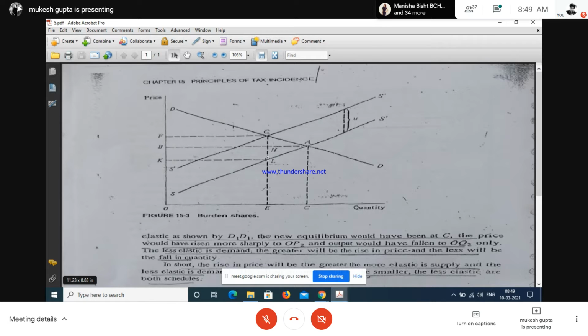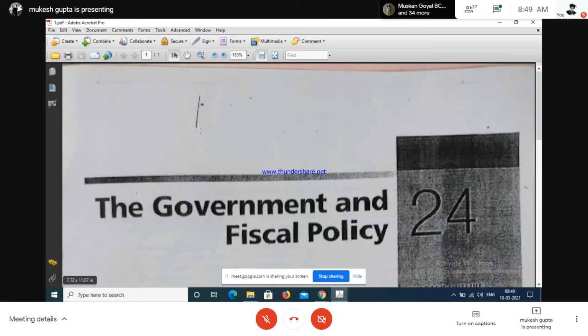Now we are entering Unit 4 of Part A, which is about government and fiscal policy. There are two tools: fiscal policy and monetary policy. Fiscal policy includes government expenditure and tax. The other, monetary policy, is regulated by the central bank, and we will do that in the next chapter.